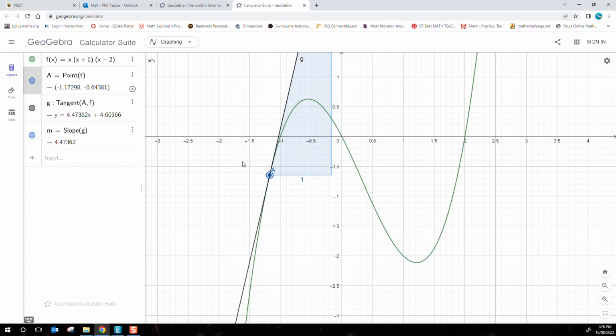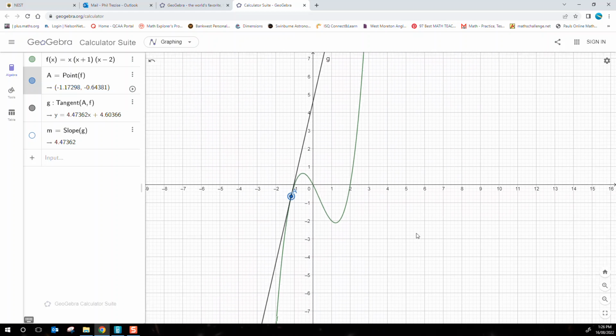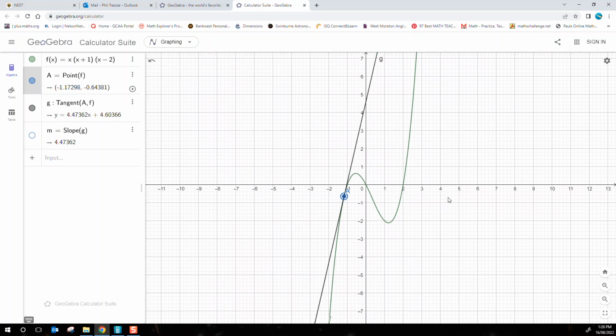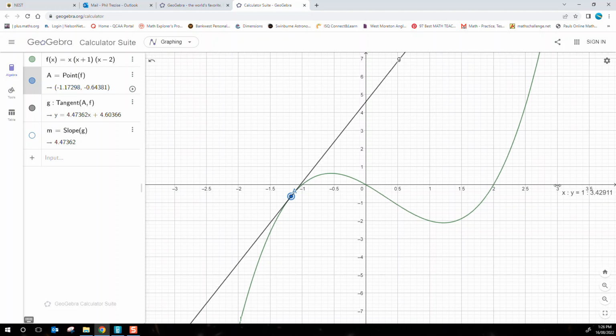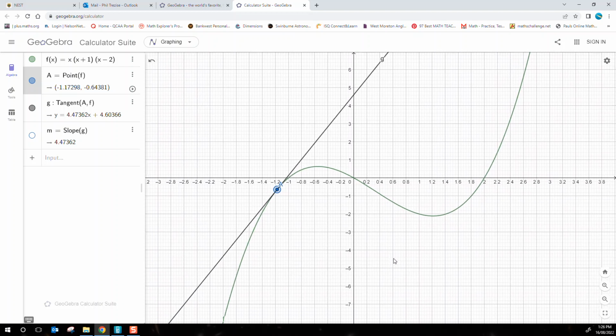Now, I might just turn off that little triangle. What I would really like to do, I'm just going to resize that slightly by stretching the x-axis a bit so it's easier to see, is to be able to keep track of the gradient value.